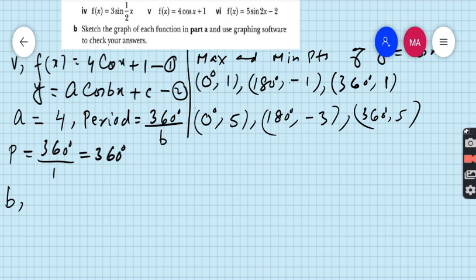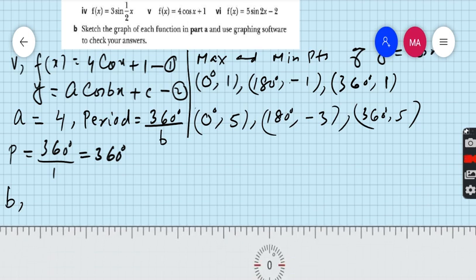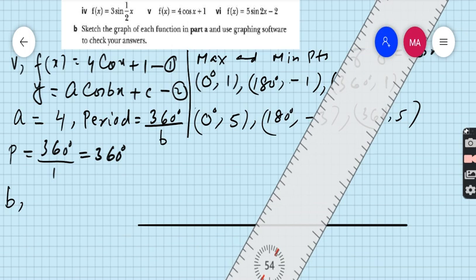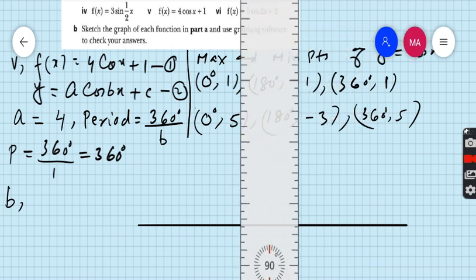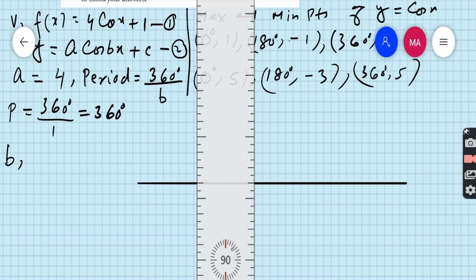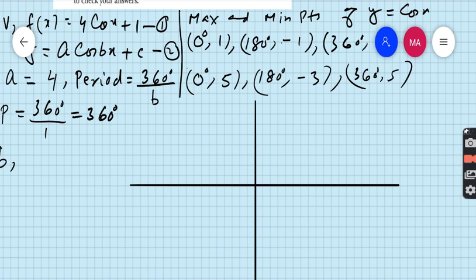Draw the graph. X-axis and y-axis. This is x-axis, this is y-axis.